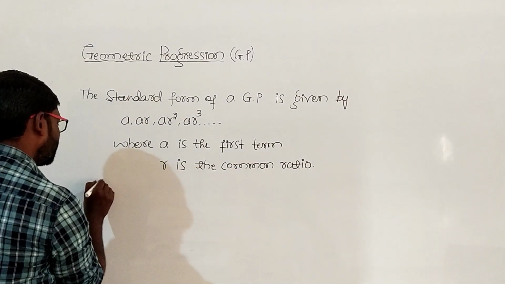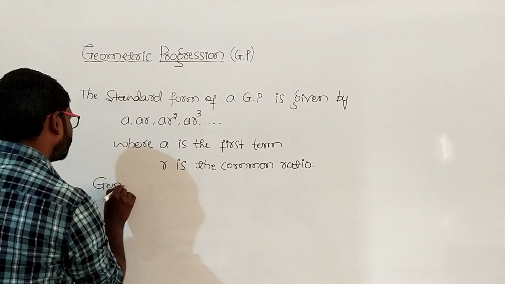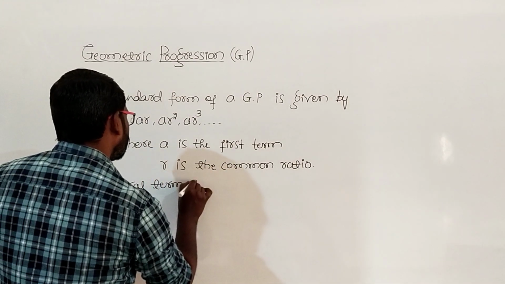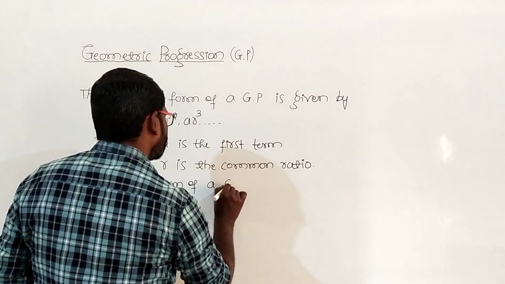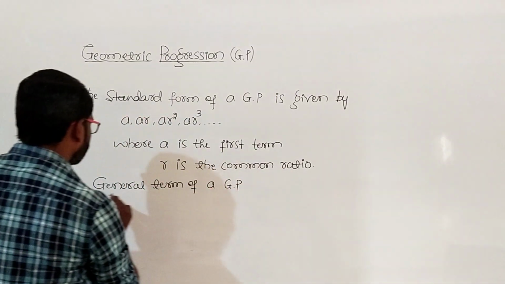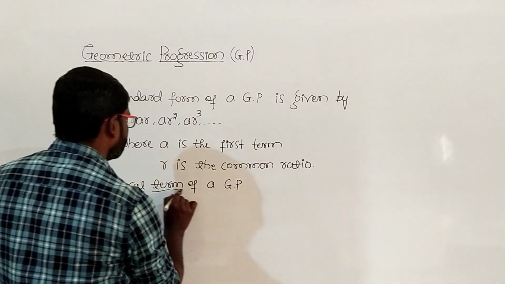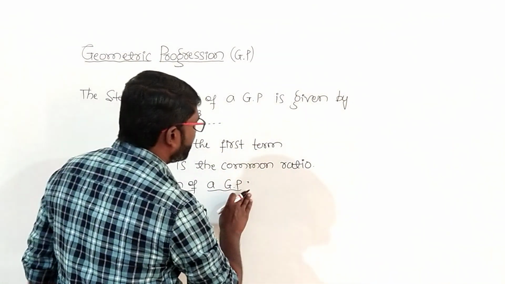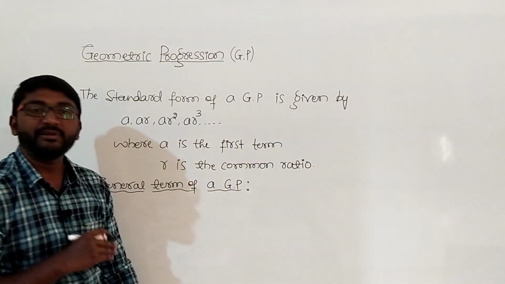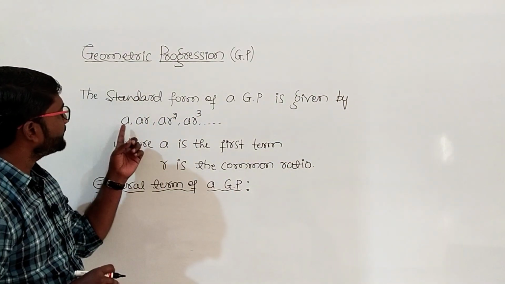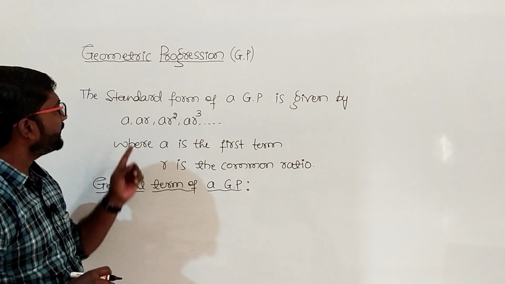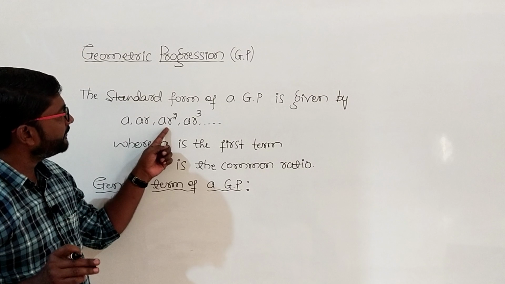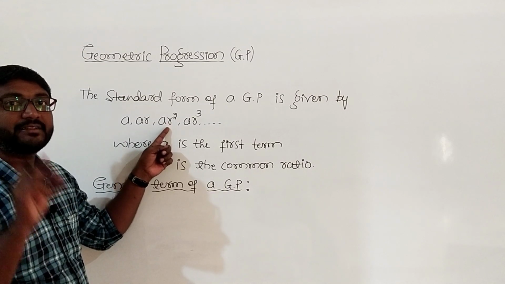So here, we'll write the general term or the nth term of a GP. Observe this pattern. Here it is the second term, this will be the third term. That means the power of R must be 1 less than the number of terms.